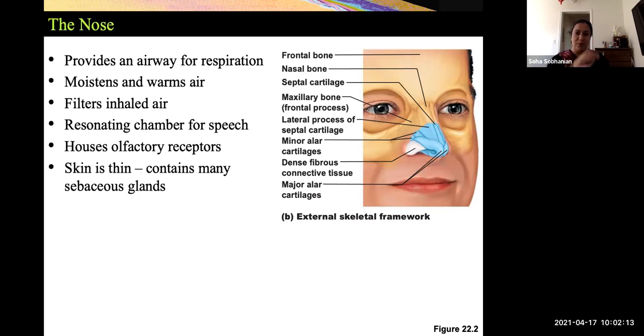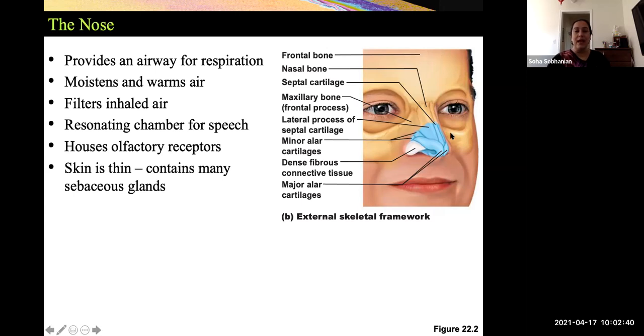So if you ever had a broken nose, you know exactly where that bone is located. The lower portion of your nose is actually mostly cartilage and dense fibrous connective tissue. So what you see basically in blue and white are connective tissue like your hyaline cartilage, as well as dense irregular connective tissue.